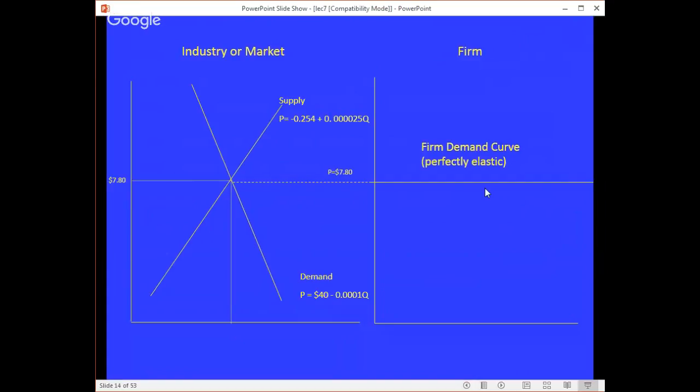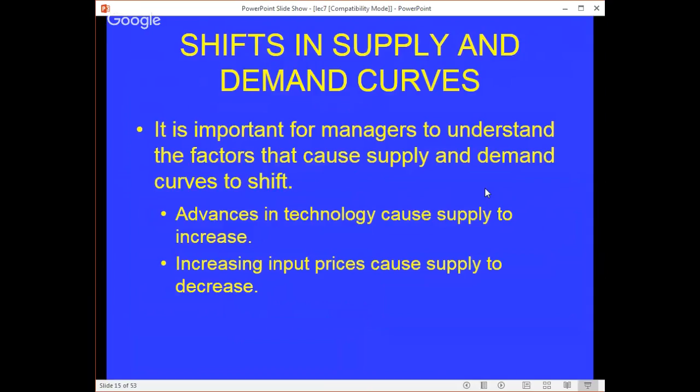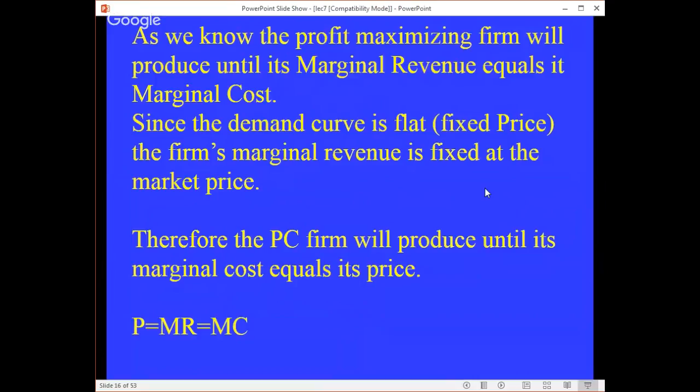We saw last time that with a downward sloping demand curve, marginal revenue was always below price. But when it becomes perfectly elastic, my change in revenue is simply the price, 780 in this case. So the firm is going to produce where price, which is always equal to marginal revenue with a perfectly elastic demand curve, is equal to marginal cost, the profit maximizing level for the firm.